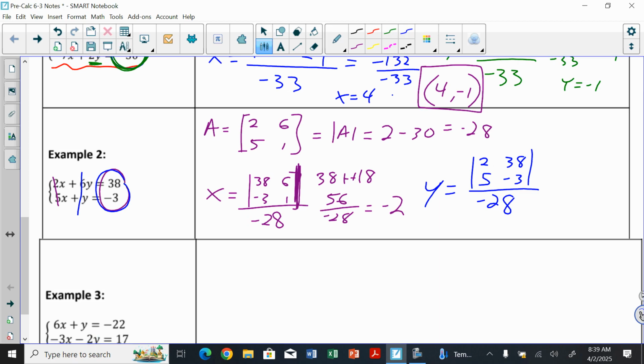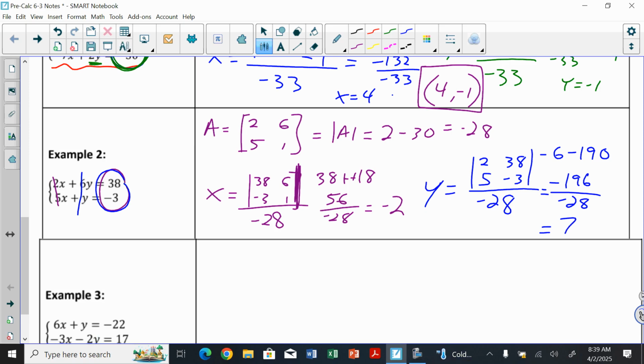So just a lot of finding determinants and then solving with subtraction or division. So here the determinant would be negative 6 when I cross multiply, and then minus 190, 38 times 5, which is going to be equal to negative 196 when I combine those, over negative 28, which then equals 7 when you do that math.